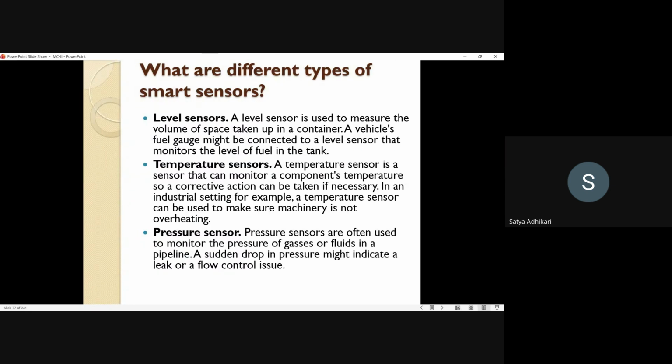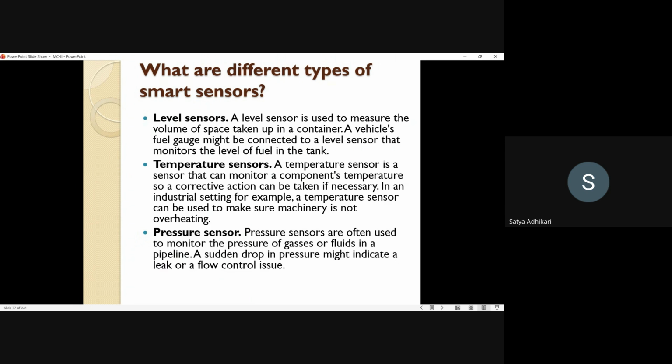When a machine is working, its temperature gradually rises, and if it reaches a certain fixed temperature, the temperature sensor senses that and stops the machine automatically, so that it is sure the machine is not overheated.